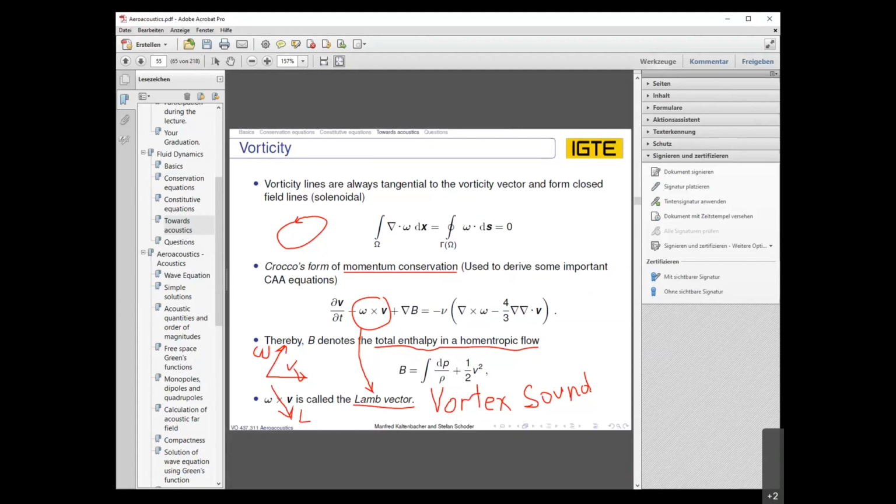So that's more or less the direction of the lambda vector. And then for the sound source itself, we have to compute the divergence of the lambda vector, so how the spatial shape is changing, as a flux through the control volume, more or less.